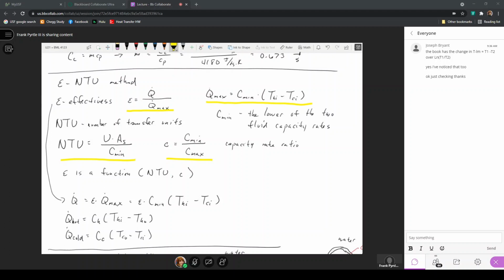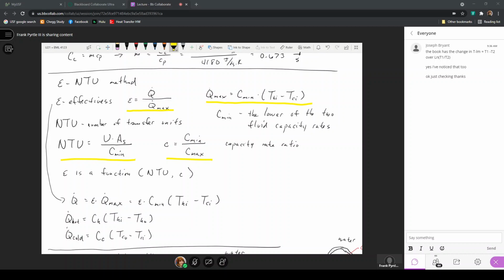So this will define Q dot max for this method, and we'll also consider that the effectiveness of the heat exchanger is a function of the number of transfer units and the capacity rate ratio.